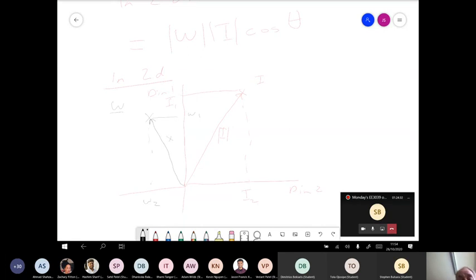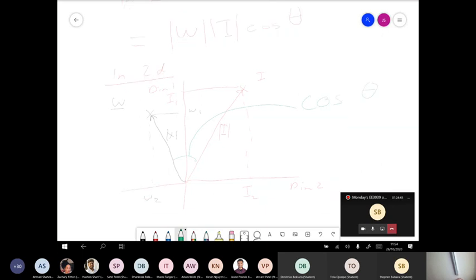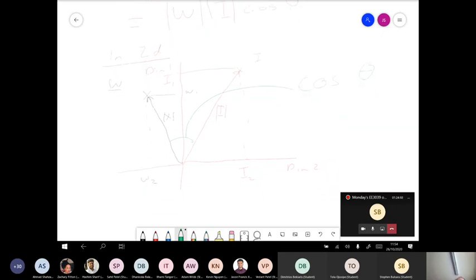That will be mod W. And cos theta is the angle between them. So that's how the scalar product looks in 2 dimensions. How can we use this for pattern recognition?